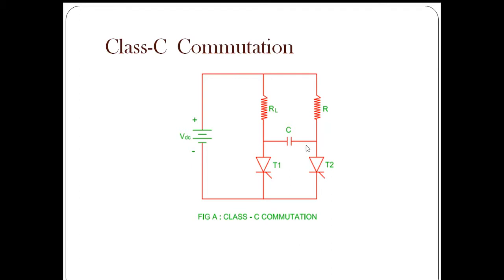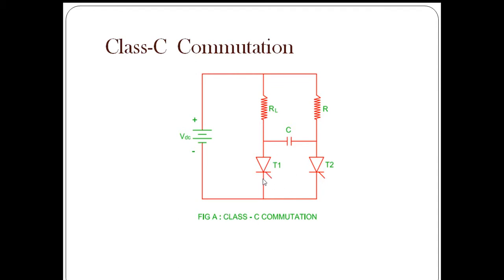So here the P terminal will be connected to plus and the other terminal to negative of the supply. It is forward biased and we have applied a gate signal. So the current will be flowing through the thyristor in this closed path and the capacitor will also charge in this closed path. The capacitor is charging and current will be flowing through the thyristor.